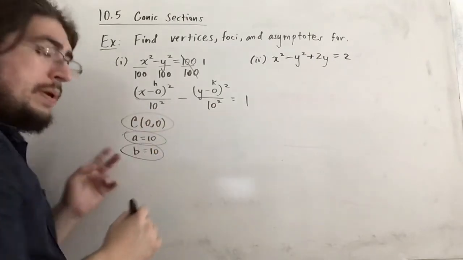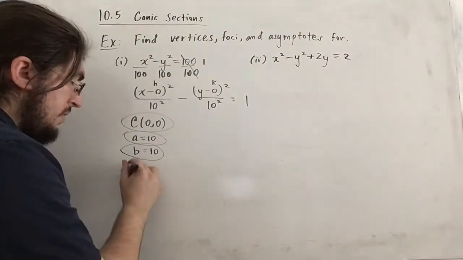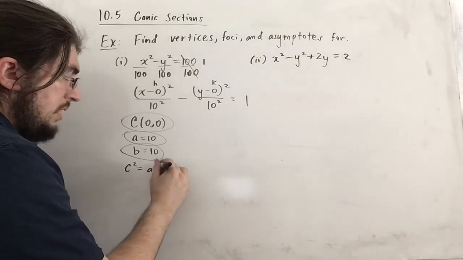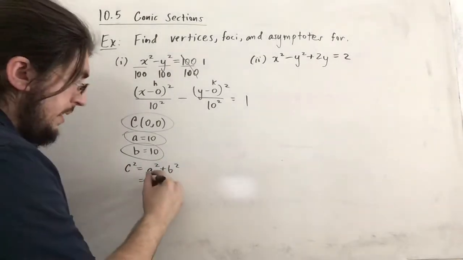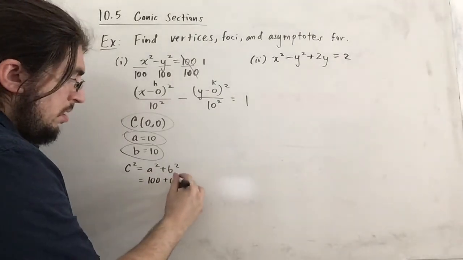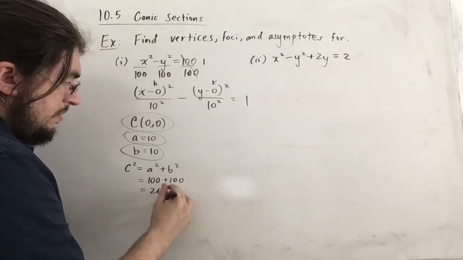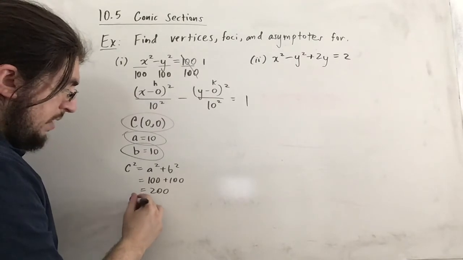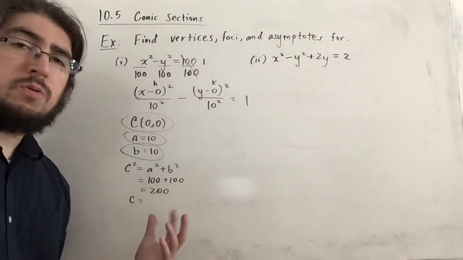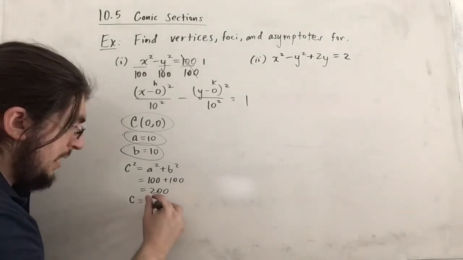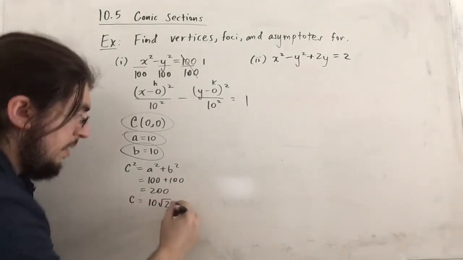A and B will help us find C. Remember, c squared is equal to a squared plus b squared. So that's going to be fun. That's 100 plus 100, which is 200. And c is the square root of 200. Since 200 is 100 times 2, you can take the square root of 100 and get 10. So this is really just 10 radical 2.